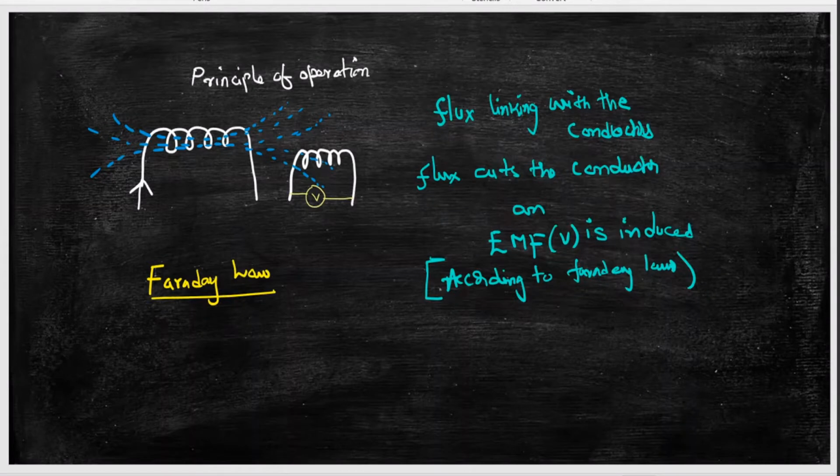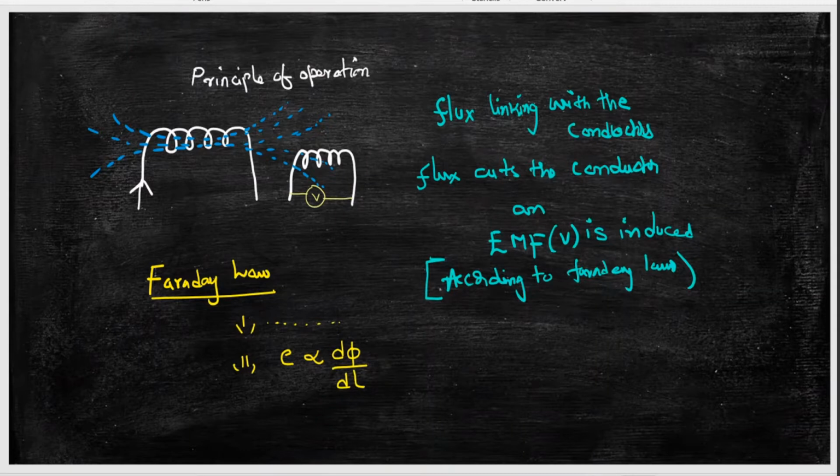Faraday's law tells that whenever a conductor cuts the flux, EMF is induced in the conductor. And the rate of EMF induced, E, is proportional to the rate of change of flux, generally written as d phi by dt.